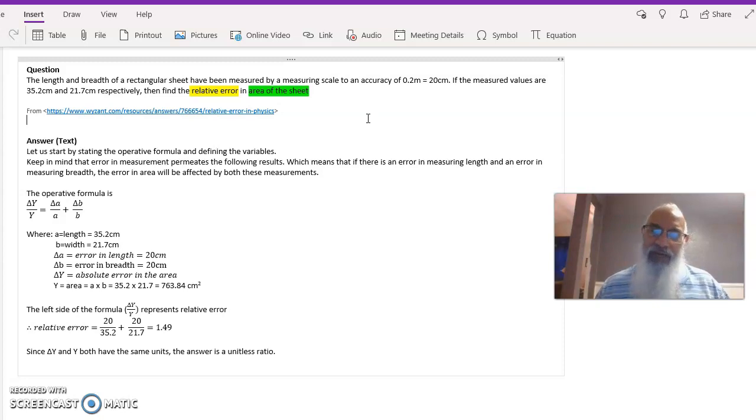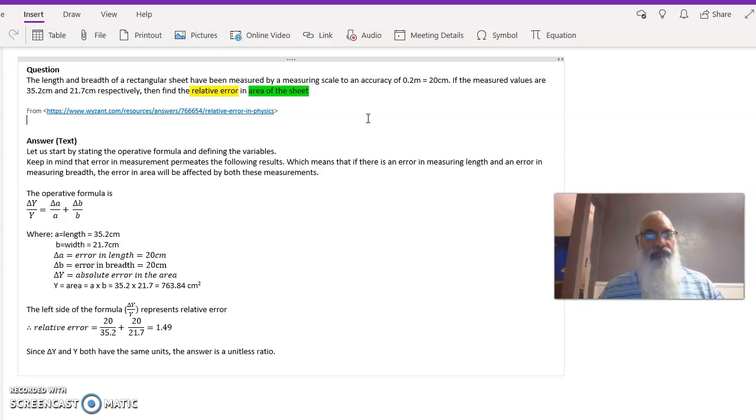So the word error has a slightly different meaning in this context than it would normally have in everyday language. So here when we say error, all we are saying is that the measurement is the experimenter's best possible value, that they did their best and came up with that value, and so that value is subject to some kind of inaccuracy, and that inaccuracy is being called the error here.